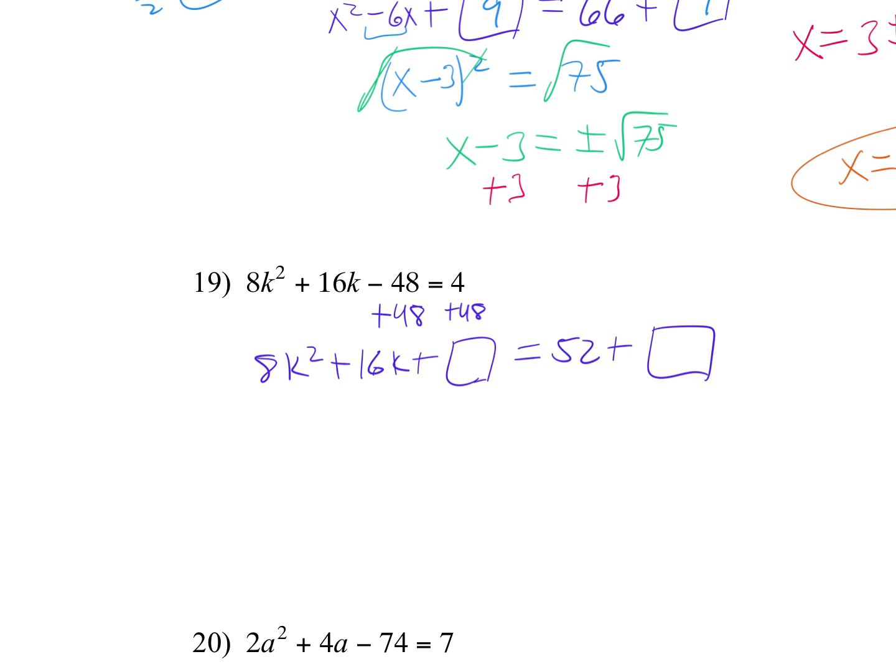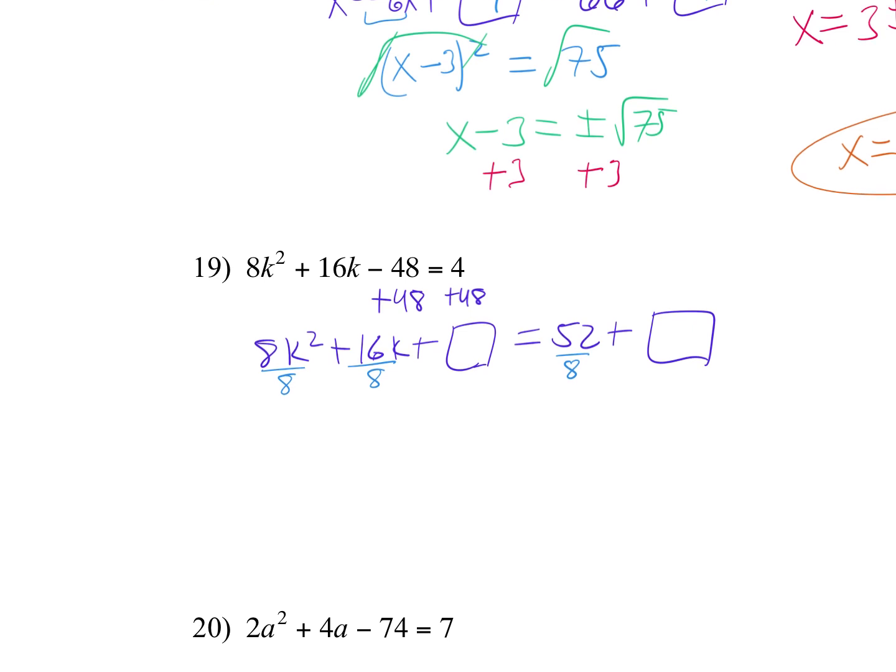But we can't really proceed until we get the k squared to not have that 8 in front, right? We can only solve these problems by completing the square when you don't have a coefficient in front of your squared term. All right, so let's divide everything by 8, right, just to get rid of that coefficient.